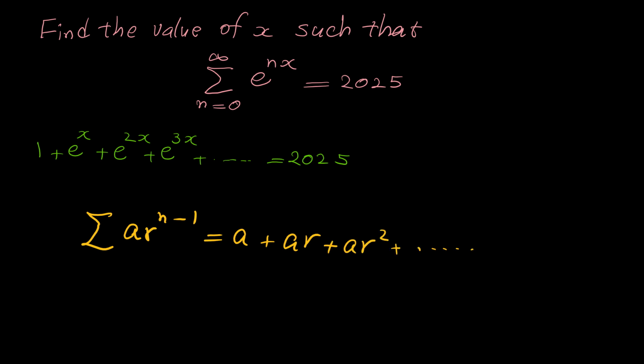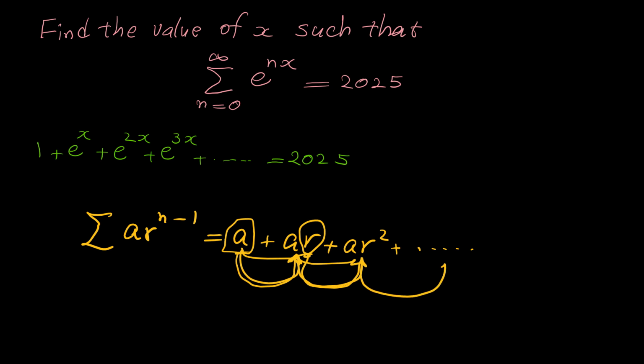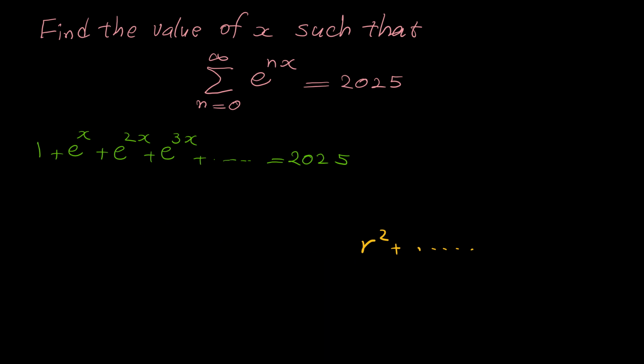What do you see here? We have a first term that is multiplied by a constant ratio. If we multiply a by r, we have ar. Then we have ar to the 2, ar to the 3, and so on. So a geometric series is a series that has a fixed ratio between the terms. By multiplying each term by that ratio, we can get the next term.